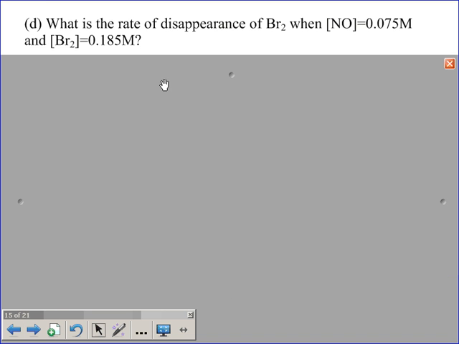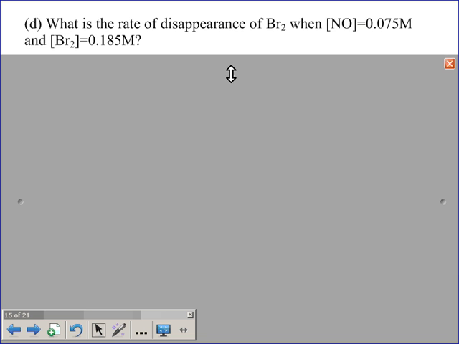So what's the rate of disappearance of Br2 when, and they give me the initial concentrations. These actually don't even have to be initial concentrations. These could be the concentrations anywhere during the reaction, because the rate law is always working from start to finish, even though the rate is changing.